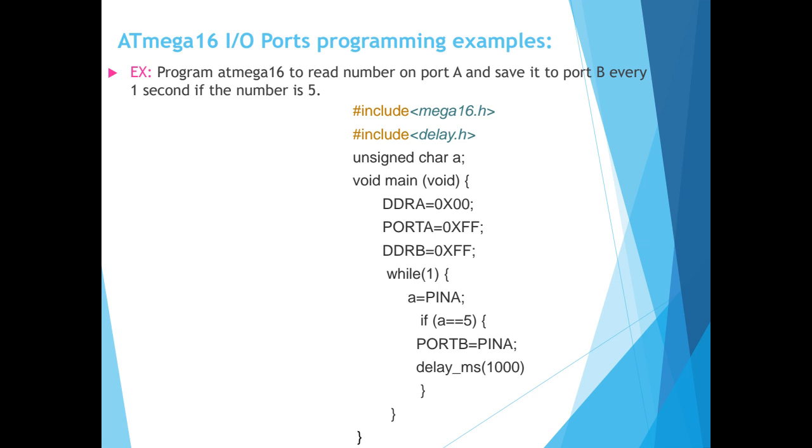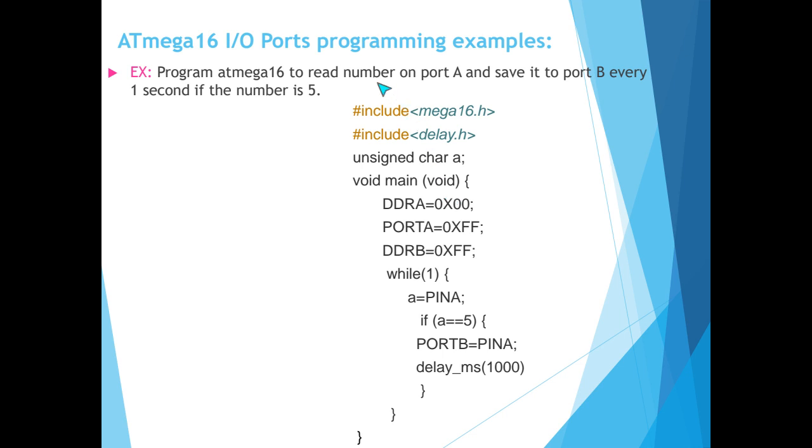No. For configuring a port as input, we use the DDR register. As you see, because I want to configure port A as input, I write the DDR-A register, and for configuring it as input, we should write logic 0 for the bits that are configured as input.